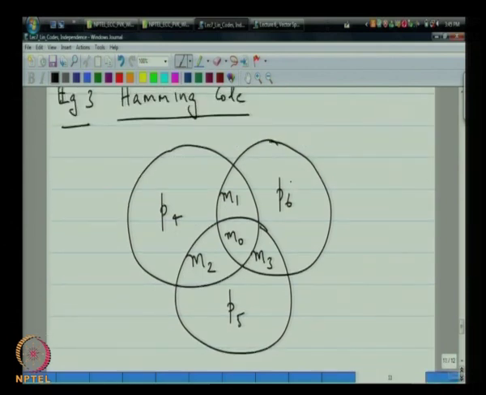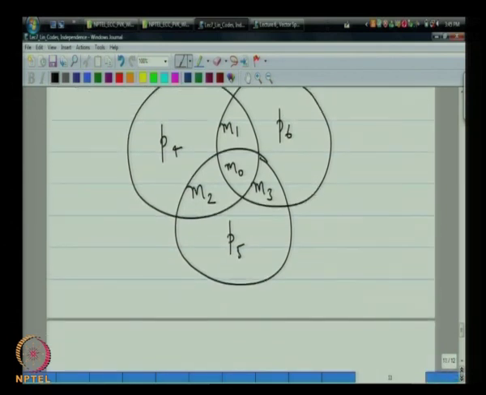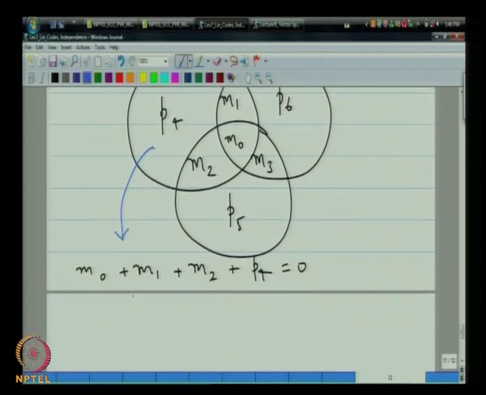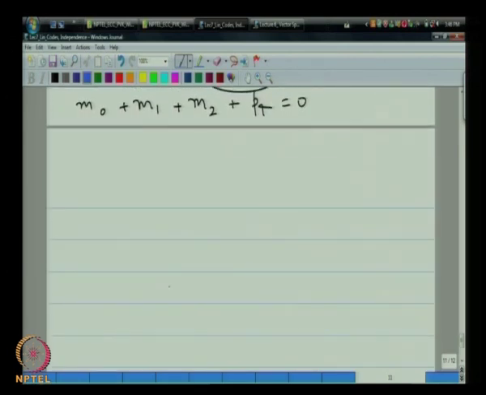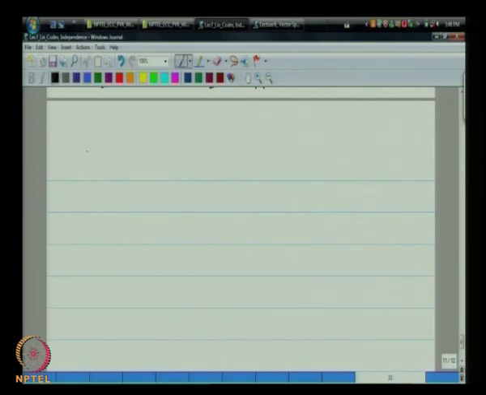So, for example, one of these parity equations would tell you that M0 plus M1 plus M2 plus P4 is equal to 0. By looking at the parity condition in this circle, you get this equation. If you do that, then you can alternatively rewrite the equations in the following way.